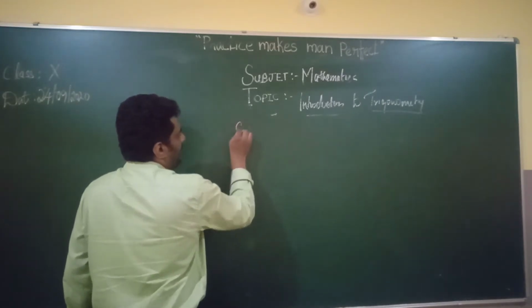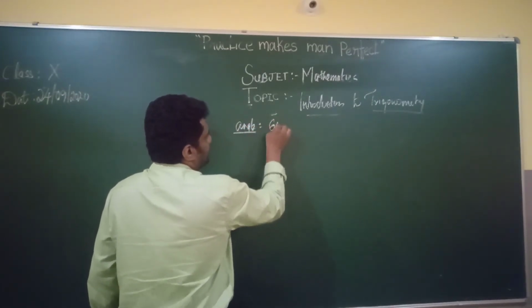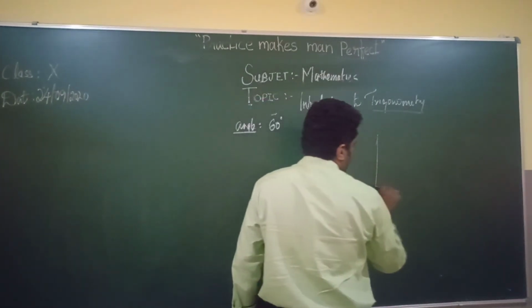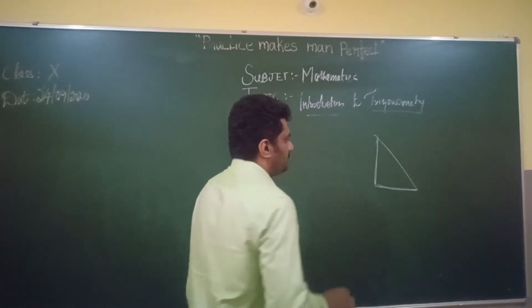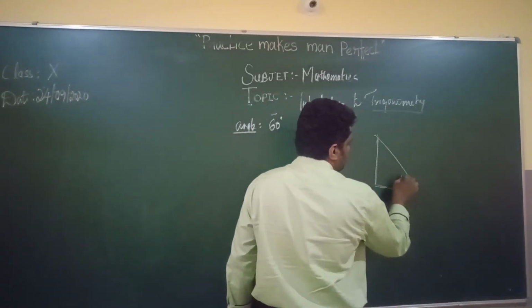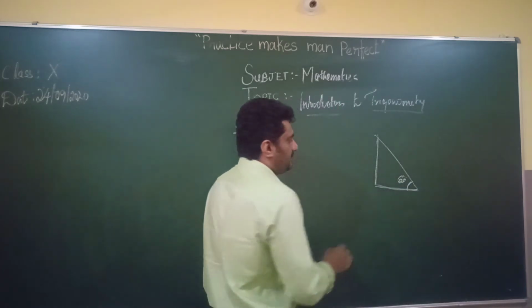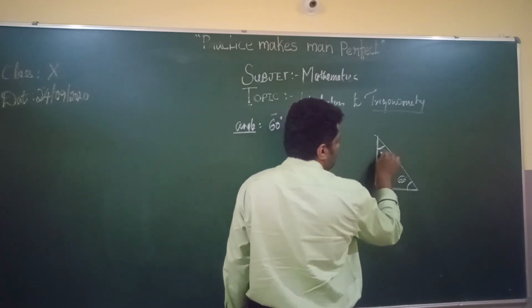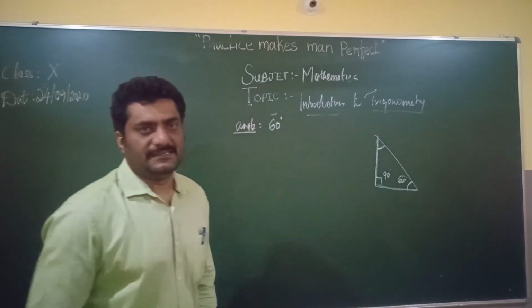Now the next one is if angle equal to 60 degrees. That means I have an angle like this. This is theta, which is 60 degrees, and this is 90 degrees.